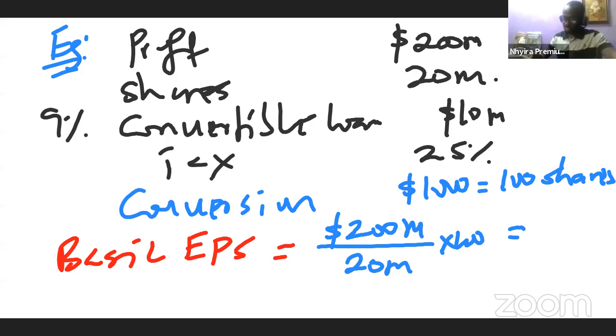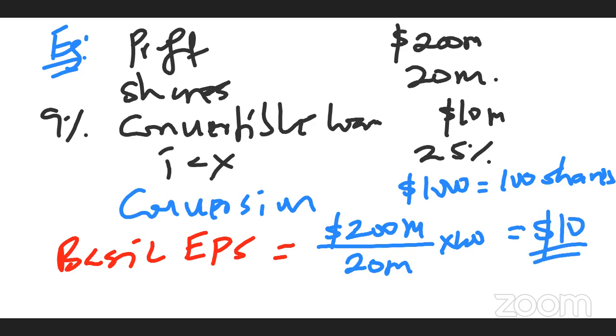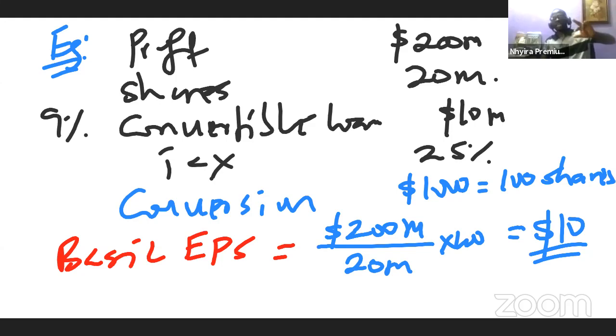That'll be $10, usually it should be in the smallest unit of the currency, so it should be 1,000 cents. That is the current earnings they will be making if nothing happens.